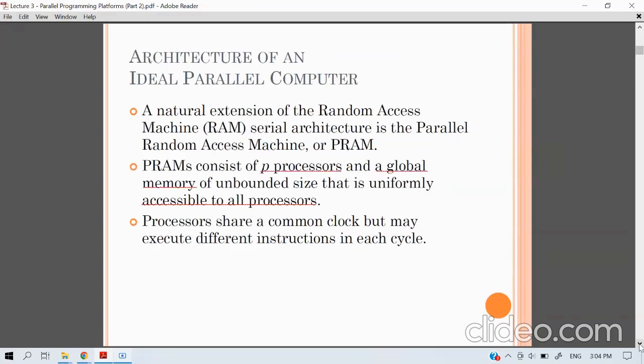The architecture of an ideal parallel computer, a natural extension of the serial random access machine, is the PRAM. PRAM consists of two components: processors, represented as P, and a global memory of unbounded size that is uniformly accessible to all processors. Processors share a common clock but may execute different instructions in each cycle.